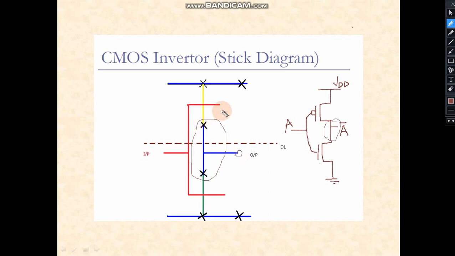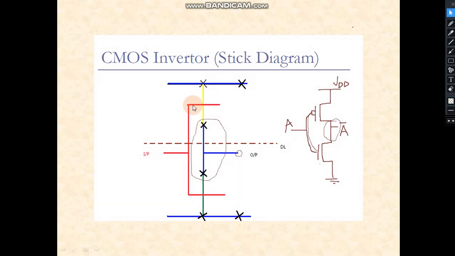We also know that polysilicon can also cross the demarcation line. So in this figure, this polysilicon is common to the gates of both transistors, meaning the PMOS gate and the NMOS gate are connected with each other by the same poly. So this red color is common for the gates of PMOS and NMOS. Clear?